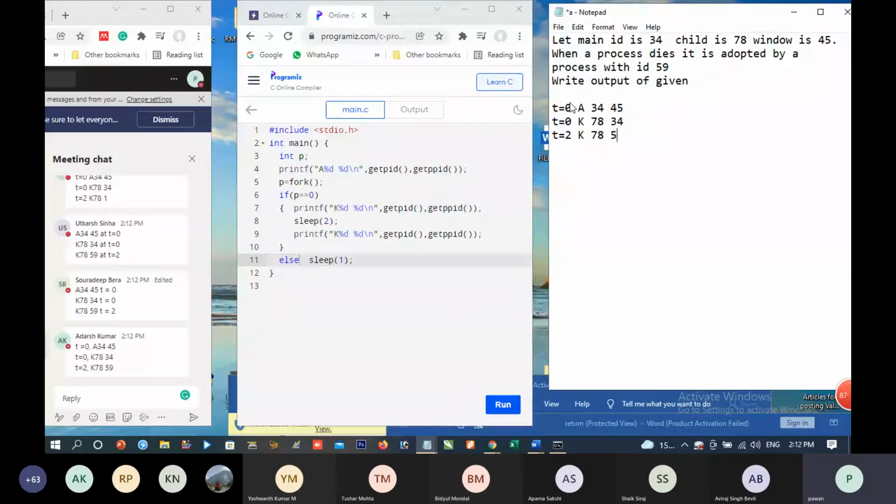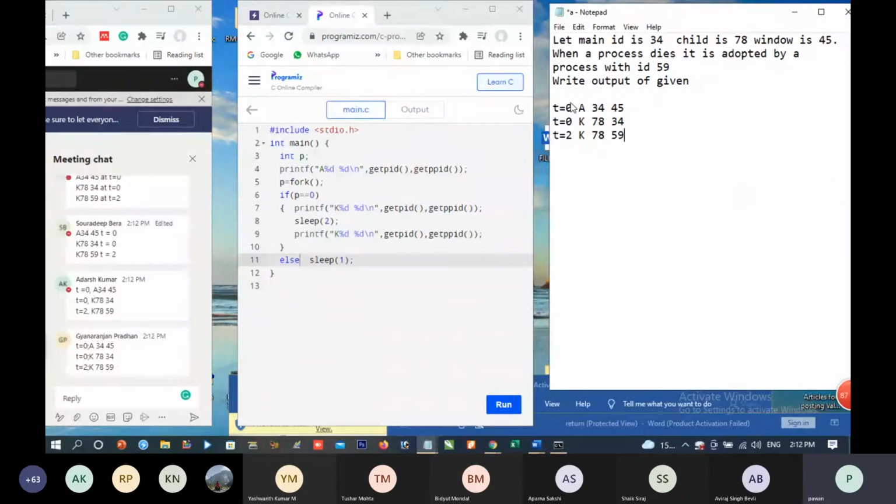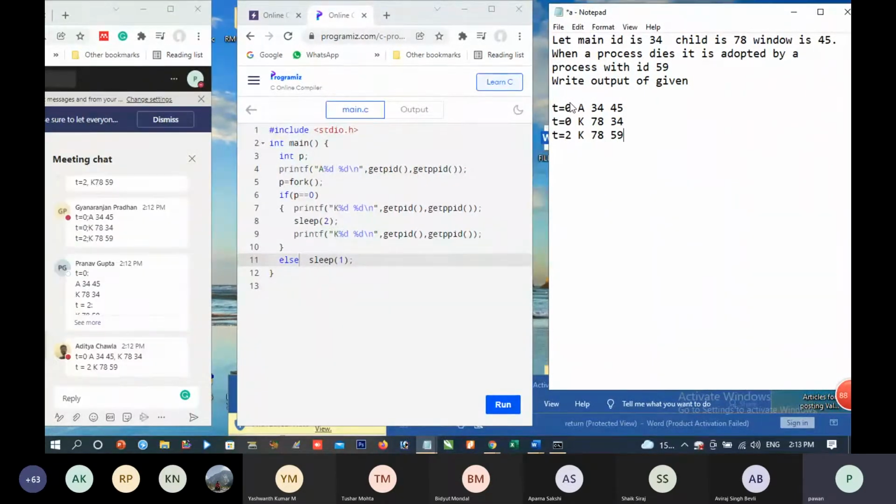Agreed? They are printed in separate lines. If you remove slash n, then they are printed in the same line.